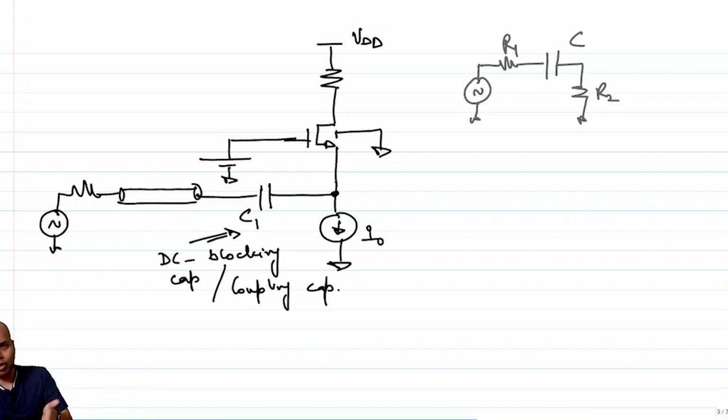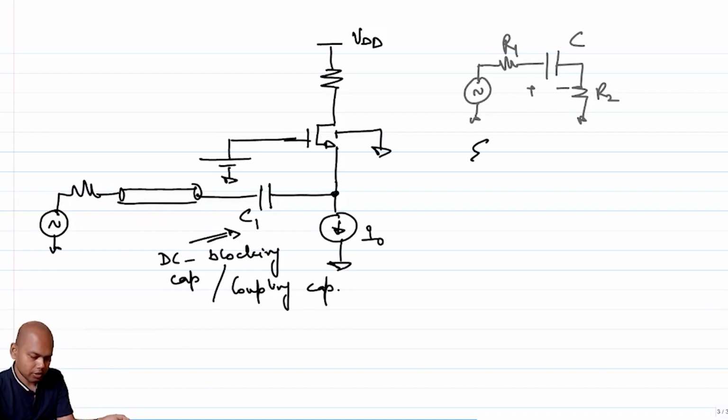I mean, it obviously blocks the DC, but I would expect this capacitor to act as a short circuit for the frequency of interest. So again, essentially, what we are interested in is to ensure that the impedance of the capacitor is much lesser than all the resistance associated around the capacitor, right?